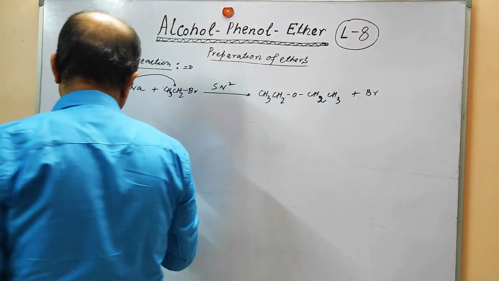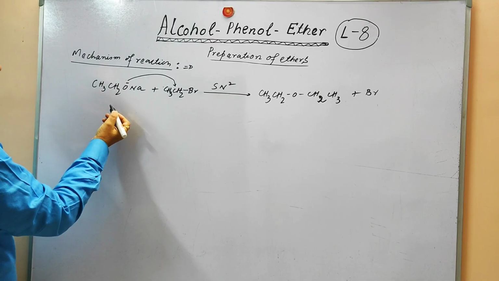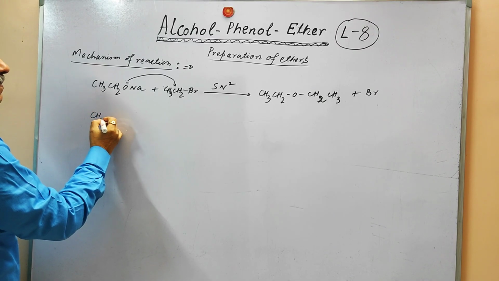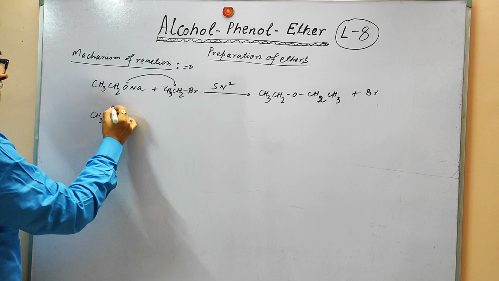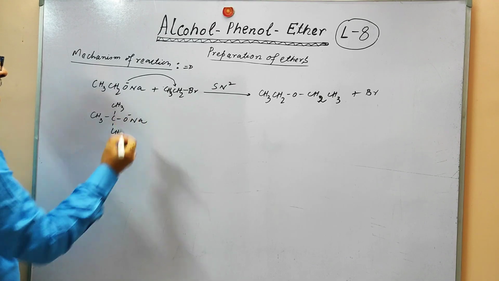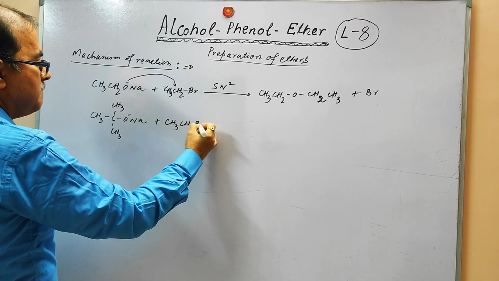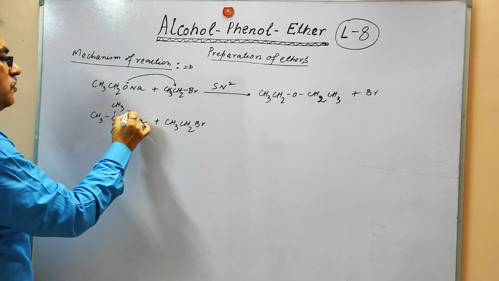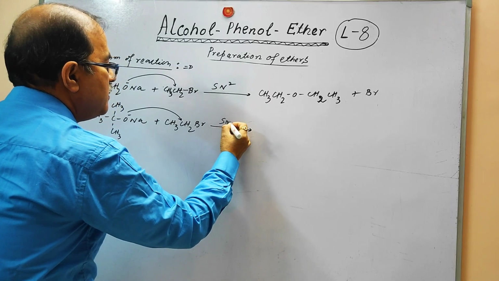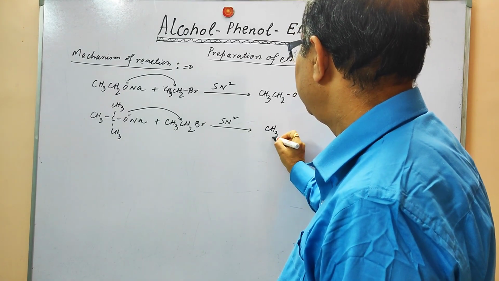But if we choose this tertiary alkoxide, that is sodium butoxide, as for example this, at that time this will be attached to this, and it again follows the SN2 mechanism, and it is going to produce this ether.